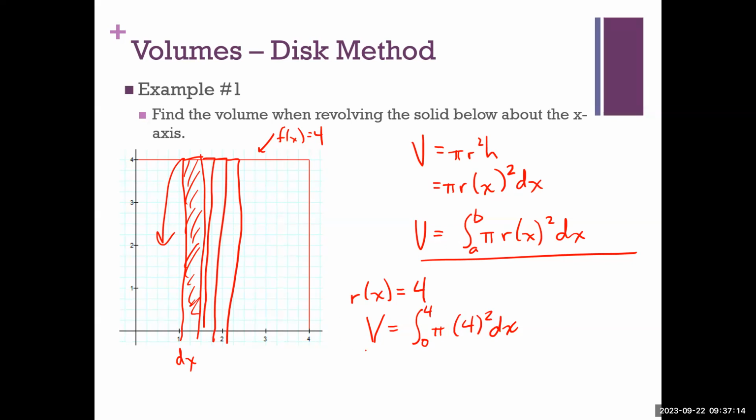Okay. So now I would like to integrate 0 to 4 of 16 pi dx. What is that integral? 16 pi x from 0 to 4 should give me 64 pi.